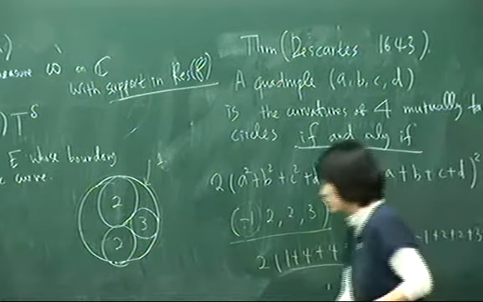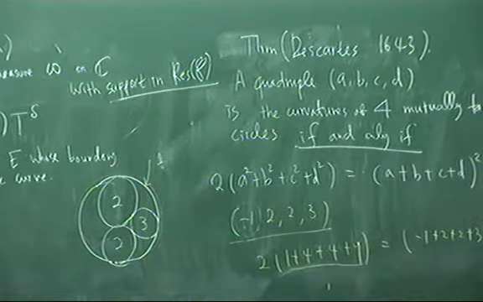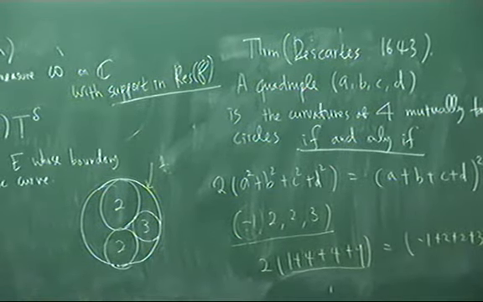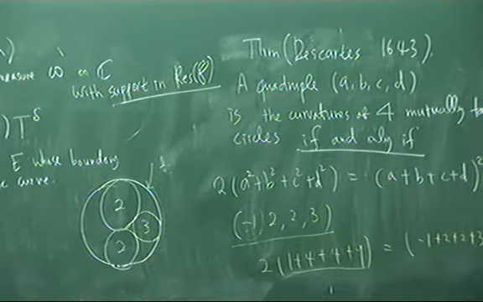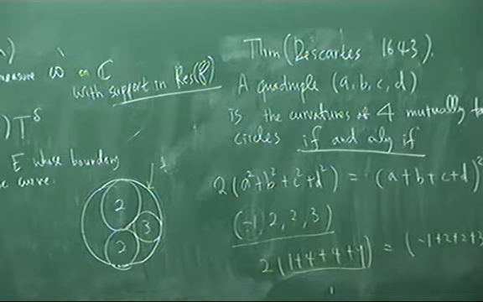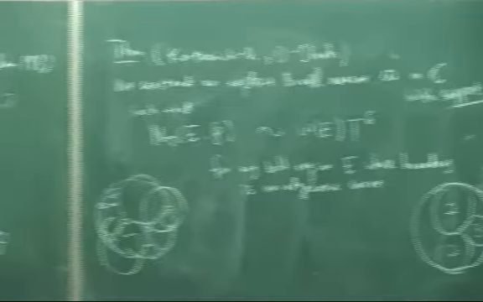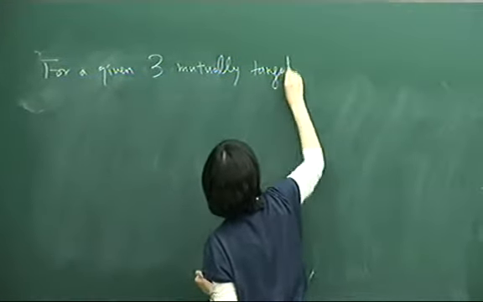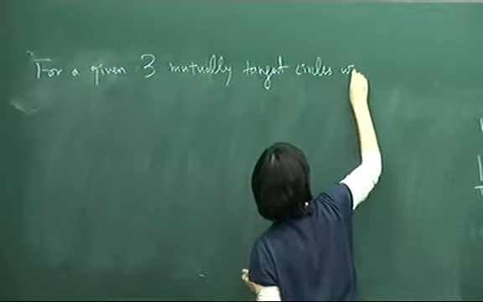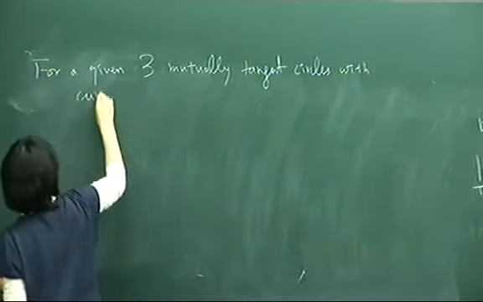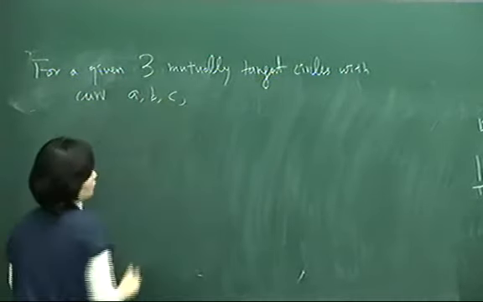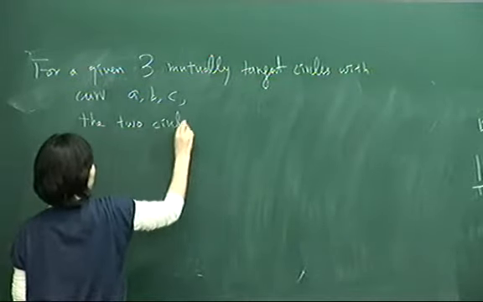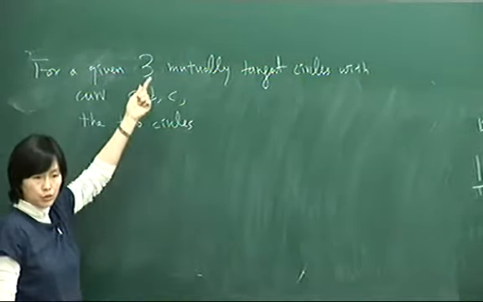And one of the amazing corollaries of this Descartes circle theorem is that if you start with 3 mutually tangent circles with curvatures, say A, B, C, we know again by Apollonius that there are exactly 2 circles which are tangent to those 3 circles.